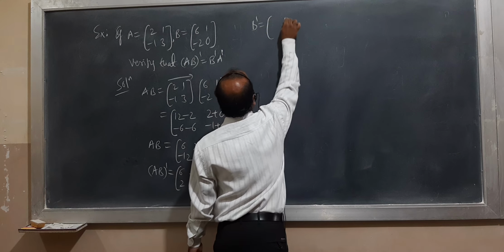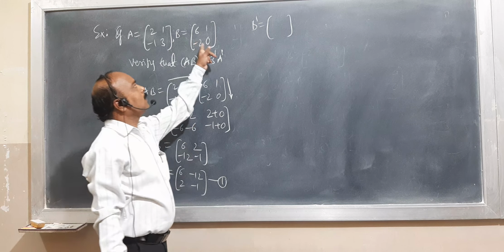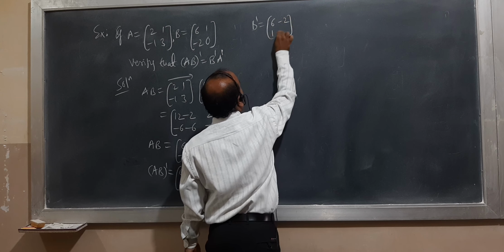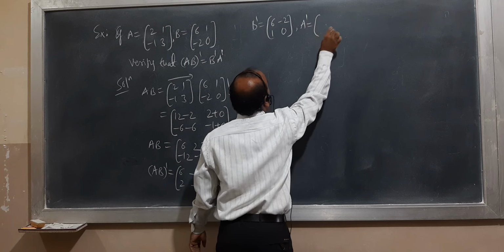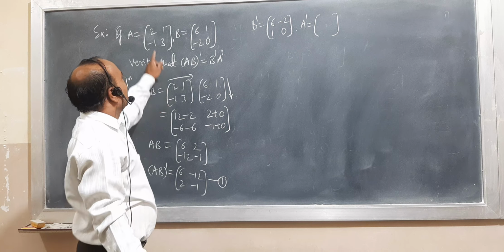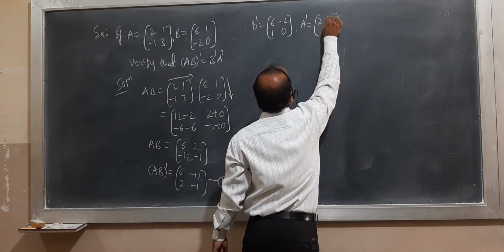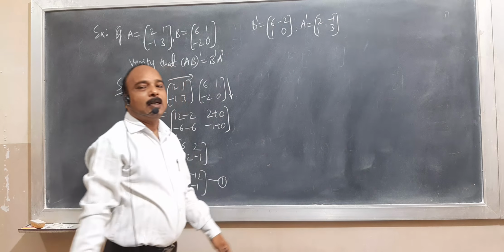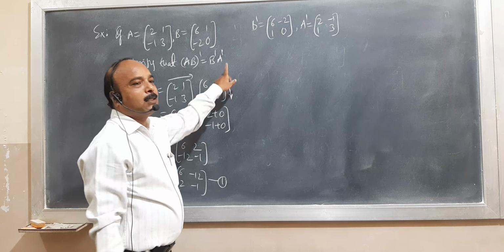B dash is nothing but transpose of matrix B. B is [6, 1, minus 2, 0]. B dash is [6, minus 2, 1, 0]. And we calculate A dash. A dash is transpose of matrix A. Here [2, 1, minus 1, 3] changes to [2, minus 1, 1, 3]. It is A dash.